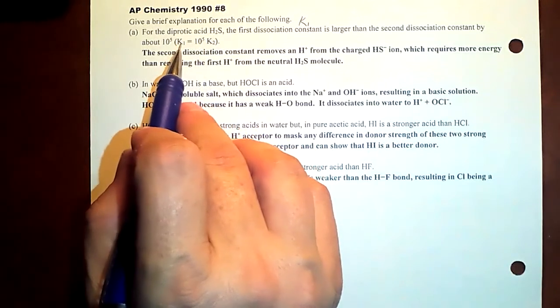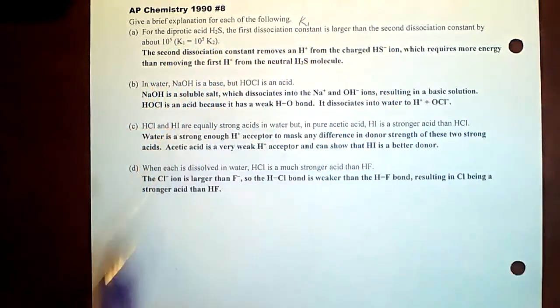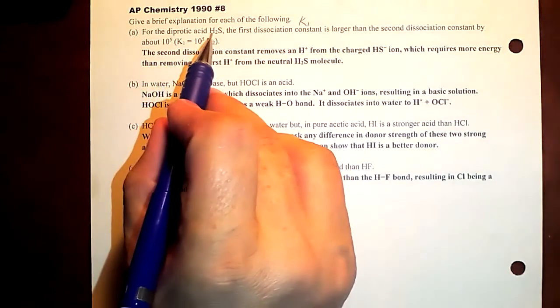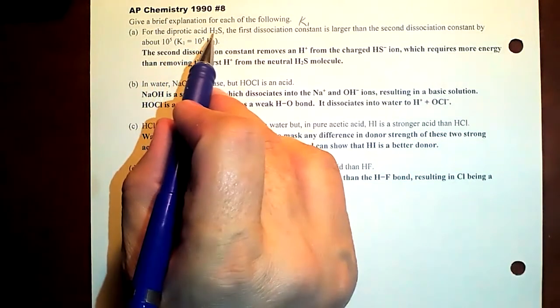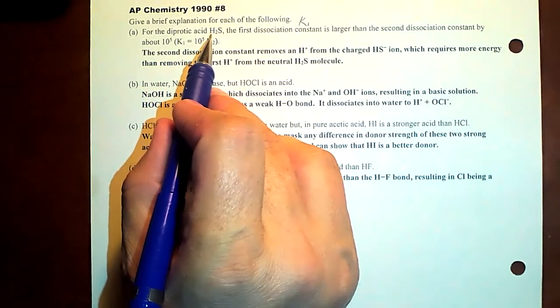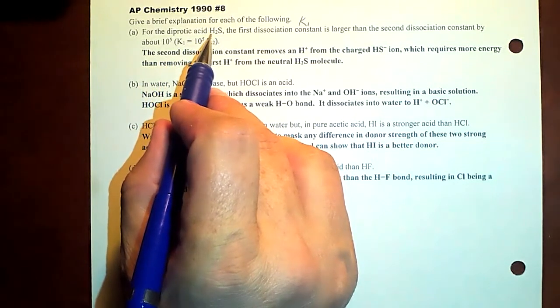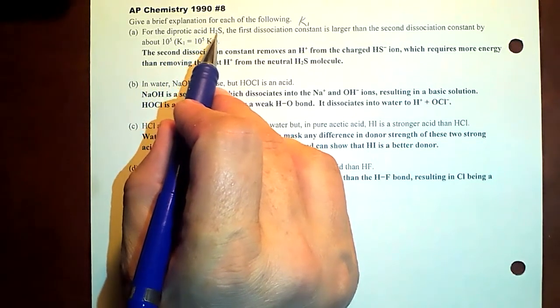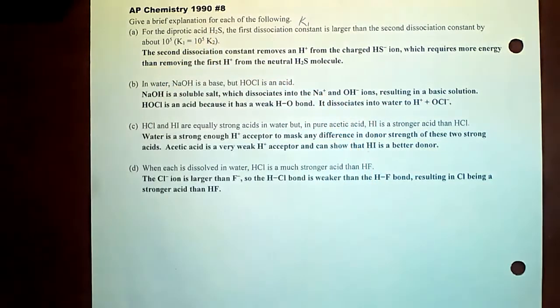This one's much bigger. Plus, they said the first one's bigger. So why is that? Well, this acid has 2 H's to give, but that first one is much more grabbable than the second one. So whichever one encounters a good base first goes, but that first one's much more pickable, and this thing is much more reluctant to give up the second one. So the K value for this second one is much smaller.